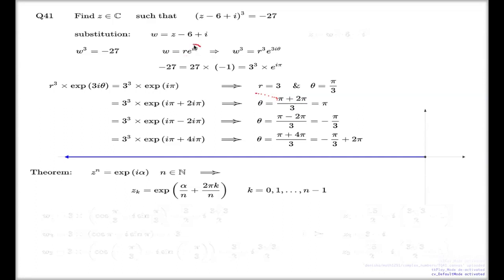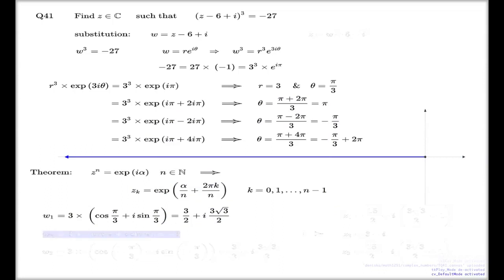For theta, we have 3 different possibilities: pi over 3, pi, and negative pi over 3. So here they are, all my solutions, and I'm going to index them now. W1 is the first solution, with my r and the angle theta from here. Or if I convert this into Cartesian form, using the standard values for sine and cosine, here's the conversion.